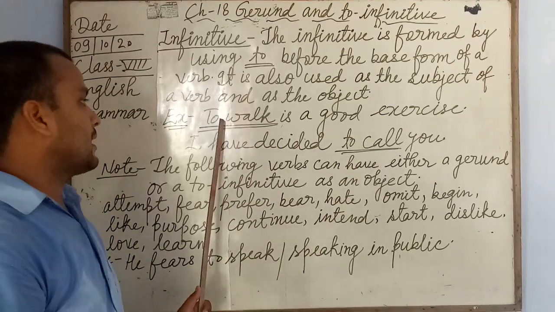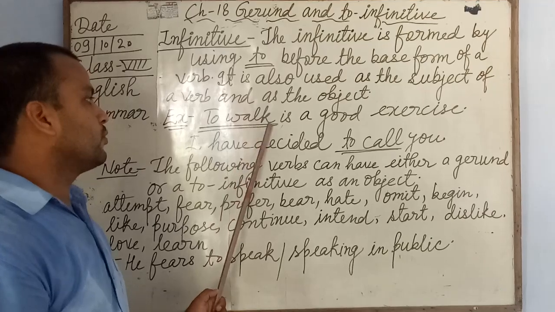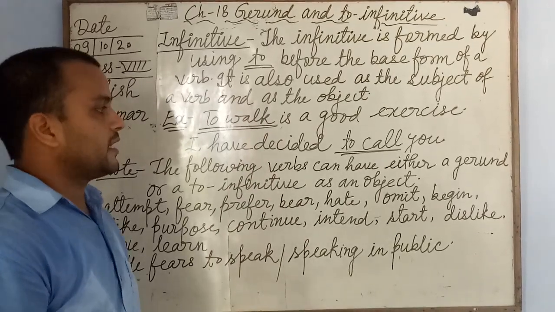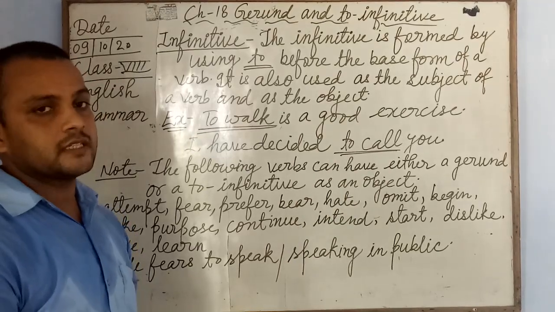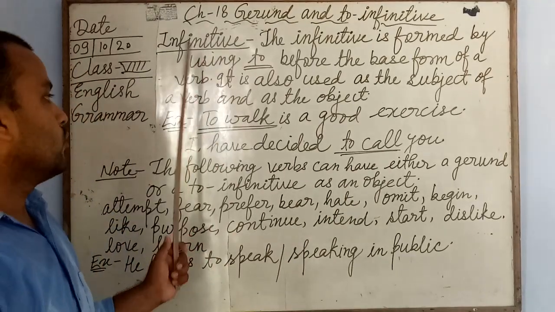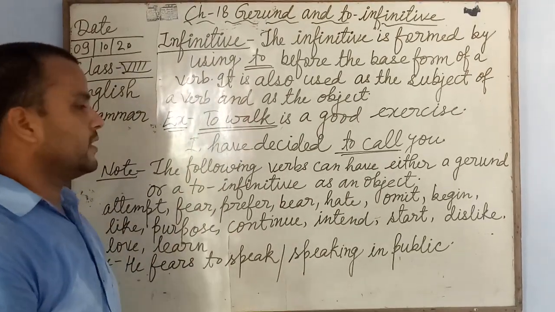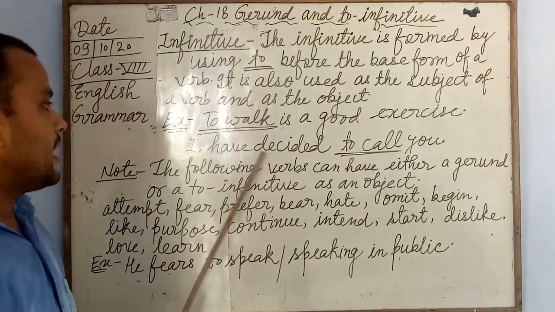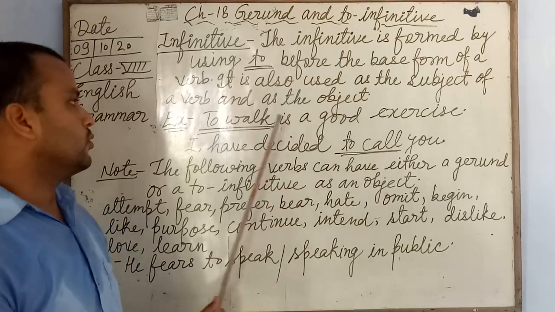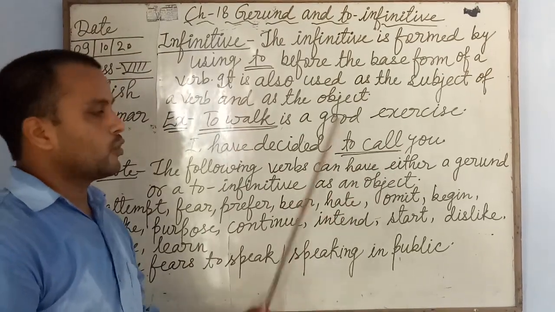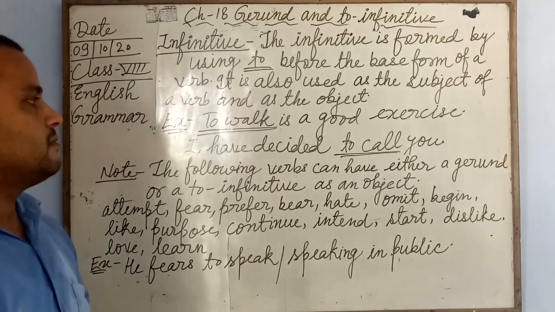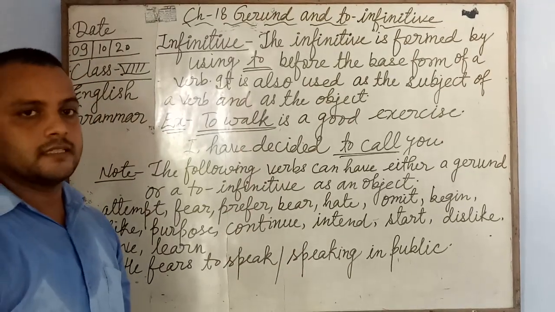When we add to before the base form of the verb and it is used in place of subject or in place of object, then it is known as an infinitive. To walk is a good exercise. I have decided to call you. To walk and to call, these both are infinitive in these sentences.